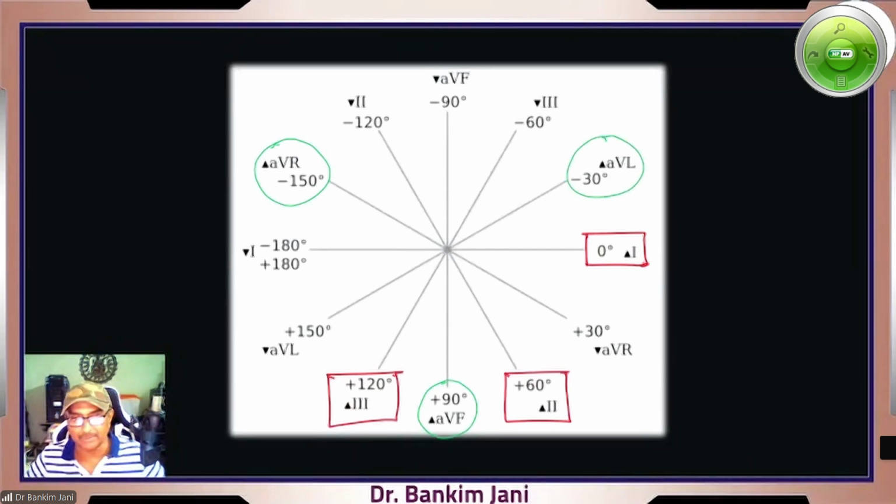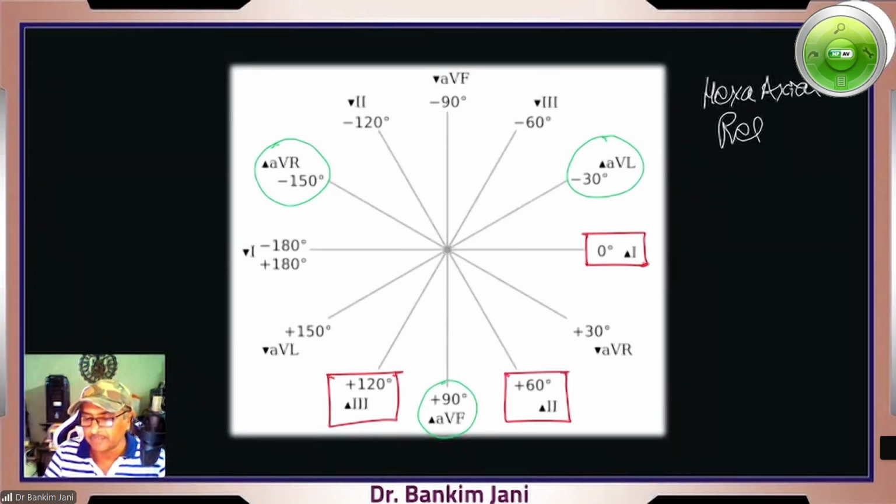So you have to remember these 6 things with their angles. This much should be in your mind very properly. Else, when we start the process, you might get a bit lost. So this part is clear. This is what is called the hexaxial reference system.